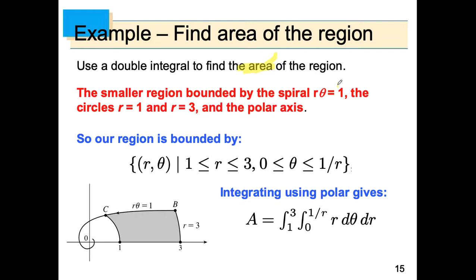And how did we get that? It's right here. Just solve for theta here, okay? And then after that, take the integral with respect to r from 1 to 3. Once again, becoming a very simple integral for us.